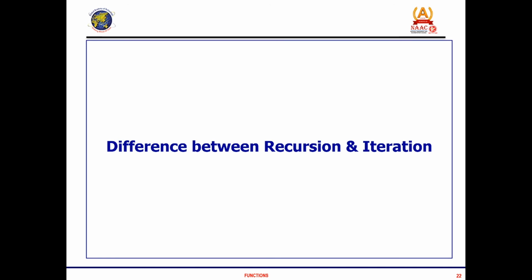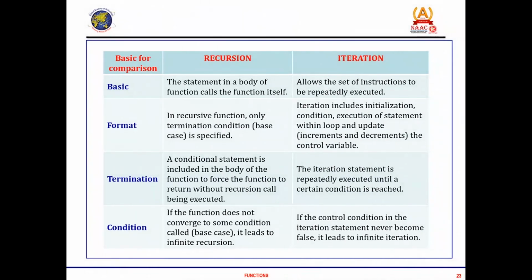Now, the difference between recursion and iteration, right? One of the most commonly asked questions, even in the university examination as well as in placements, is the difference between recursion and iteration. Most people just give 2-3 differences between recursion and iteration. But I always feel that whenever you give the difference between these two important tools of a programming language, recursion and iteration, you should always tell the basis for comparison.